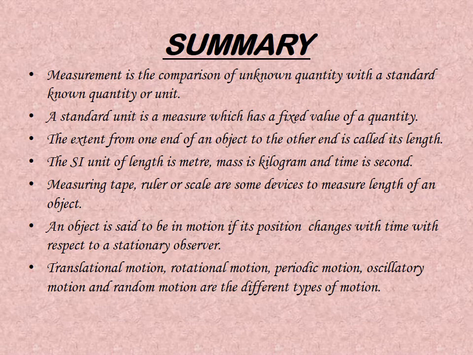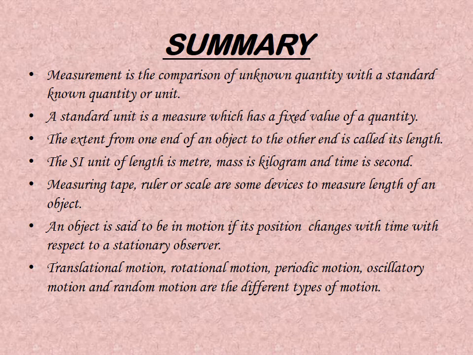The extent from one end of an object to the other end is called its length. The SI unit of length is meter, mass is kilogram, and time is second. Measuring tape, ruler or scale are some devices to measure length of an object.